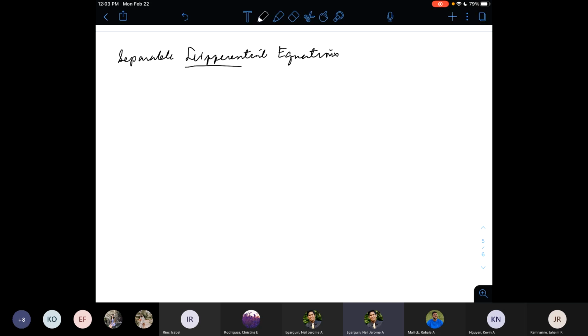What do we mean when we say differential equations? When we say differential equation, it's an equation involving derivatives. One peculiar thing about differential equations is that we are not just solving for a number that satisfies the equation, but we're looking for functions.